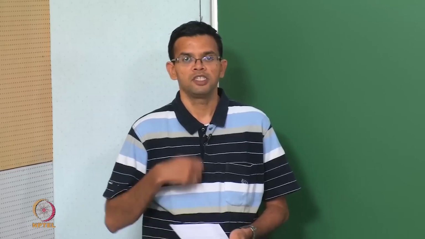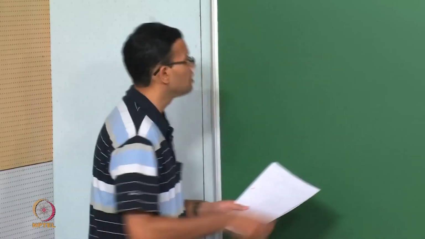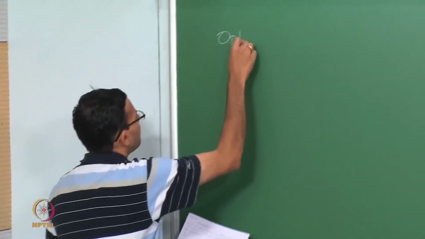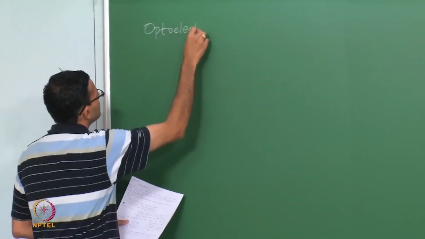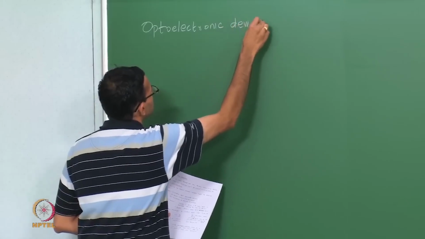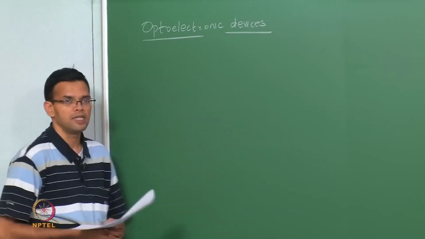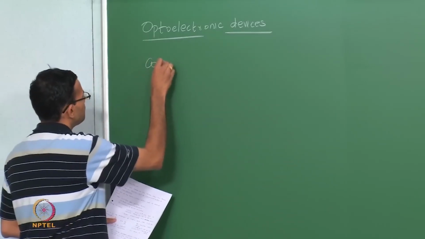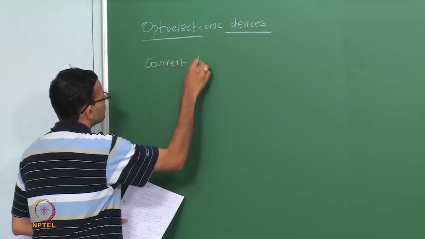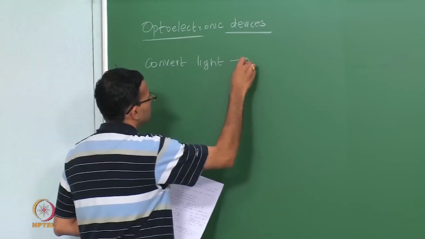So, now we are going to look at a different class of devices where we shine light onto the device and then measure the electric current. So, we are still looking at optoelectronic devices, but we are looking at devices where we convert light into an electrical signal.